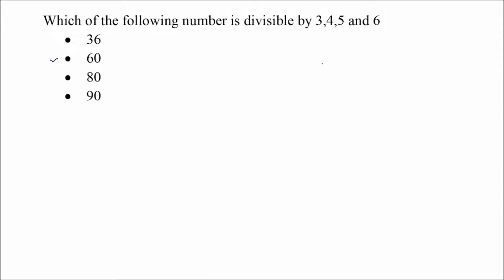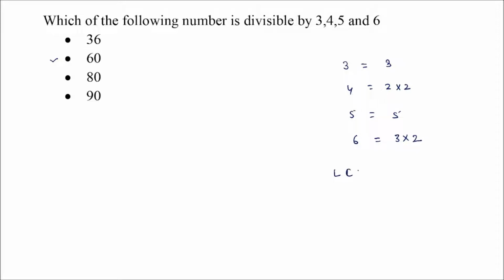So let us calculate the LCM. To calculate the LCM, we have to factorize these numbers. So 3 is a prime number. Factors of 4 are 2 into 2, 5 is again a prime number, 6 is 3 into 2. What is the LCM here?